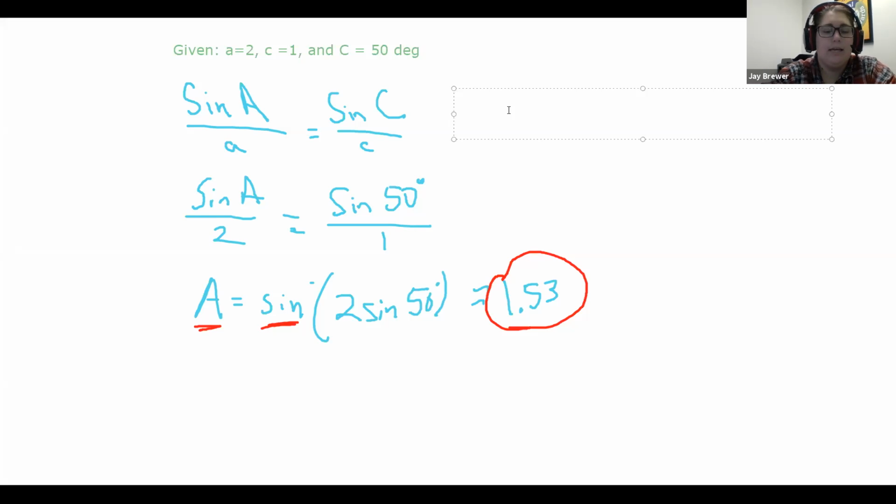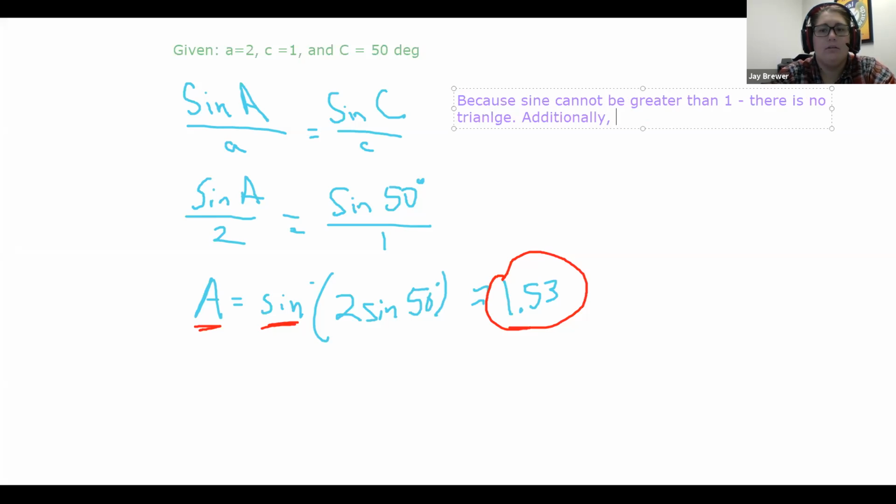Because sine cannot be greater than 1, there is no triangle.